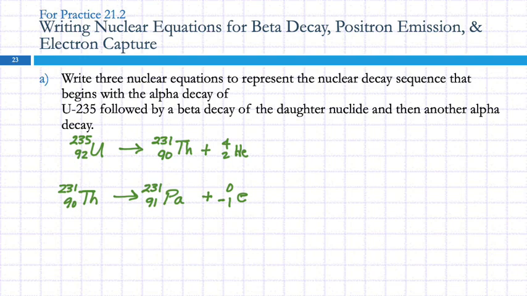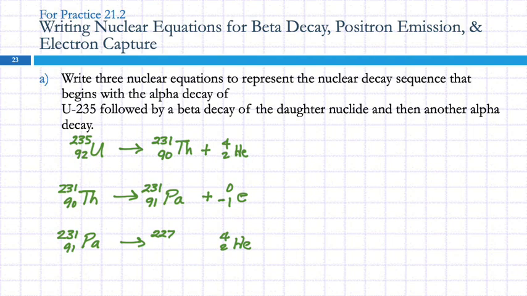And then it says another alpha decay. So this one will undergo alpha decay. 231, 91. So for alpha decay, you write your alpha particle over here. 231, so this must be 227.